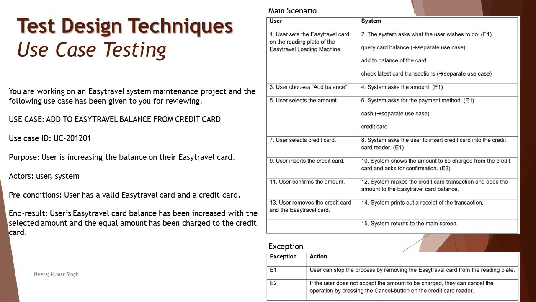But say, for example, following the happy path, the user continues. User confirms the amount, system makes the credit card transaction and adds the amount to the Easy Travel card balance. 13, user removes the credit card and the Easy Travel card. Number 14, system prints out the receipt for the transaction. And 15, the system returns to the main screen without any interaction from the user, right?